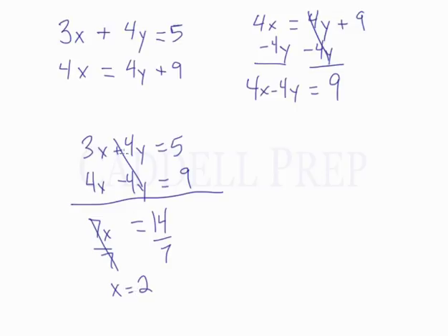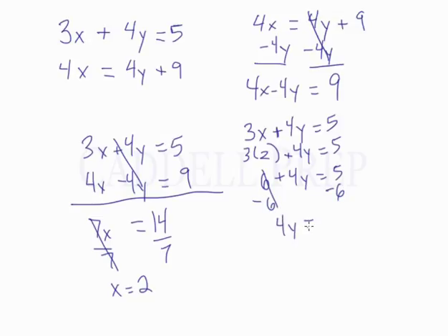Okay, now we'll use this to solve for y. So let's put this into the first equation. So 3x plus 4y equals 5. So we have 3 times 2, because x is 2, plus 4y equals 5. 6 plus 4y equals 5. Subtract the 6.